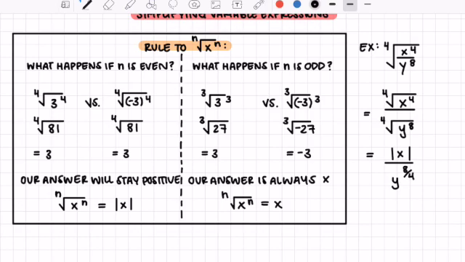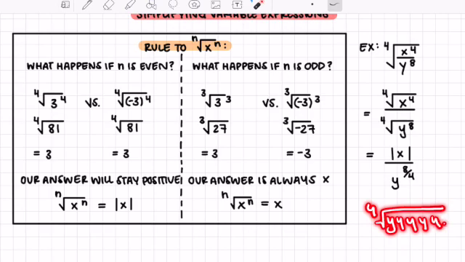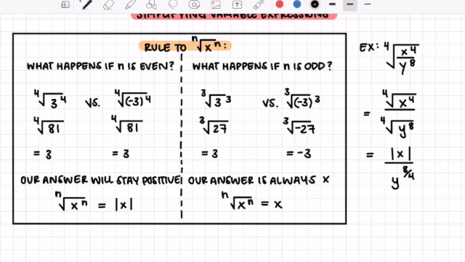And the reason why I want to do that is because now I can simplify this as a fraction instead of having to write down and expand 4th root of y times y times y times y times y and so on. So I'd rather make it into a fraction so that I can simplify it that way instead. So I get here absolute value of x over y to the power of 2. And that would be my final answer.